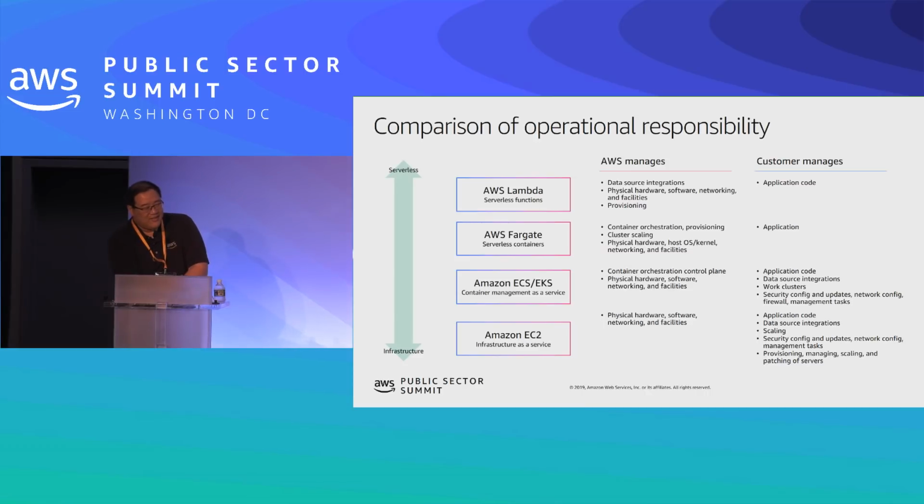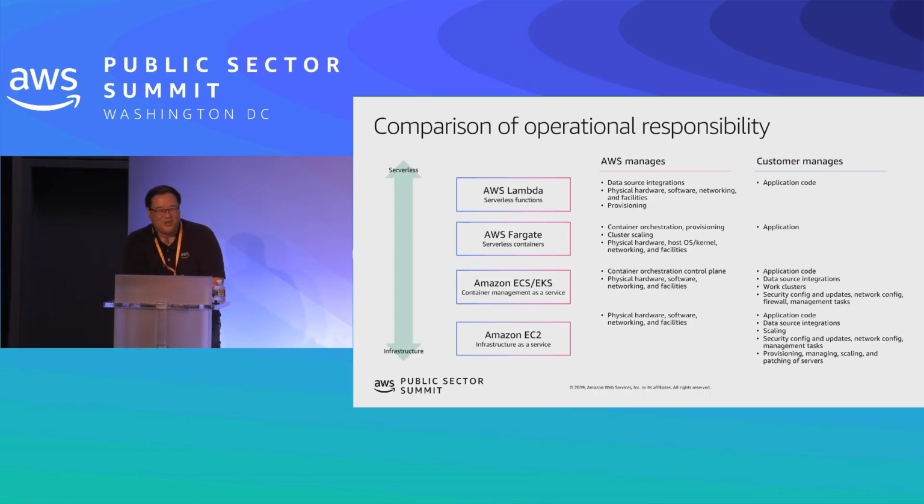One thing that this chart is meant to explicate is these two columns of different items of operational responsibility. As we said, the value prop of serverless is to try to get AWS to subsume more of that operational responsibility. As you move towards the serverless end, like Lambda, you can see those items start to disappear from the customer end and more of them pop up on the AWS end, right?